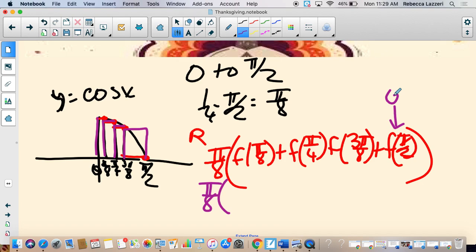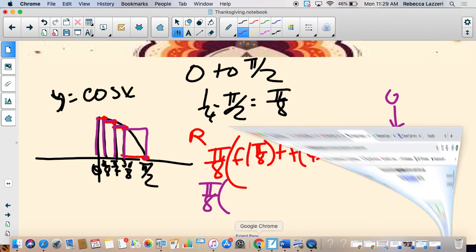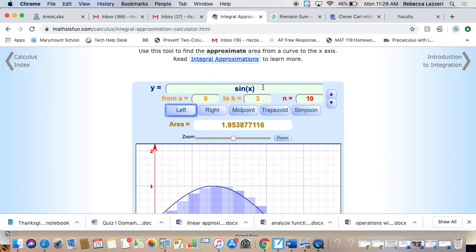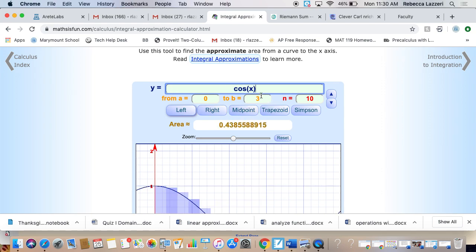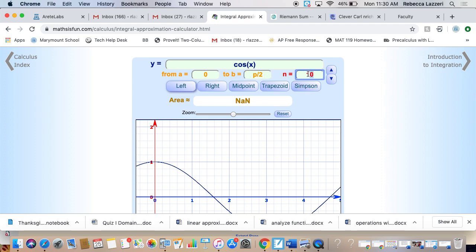All right, now I'm going to show you some interesting sites that I think you can actually get to from my page. But anyway, cosine x. I'm going to go from 0 to pi over 2. It should have given me pi.